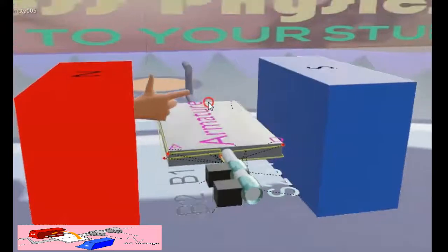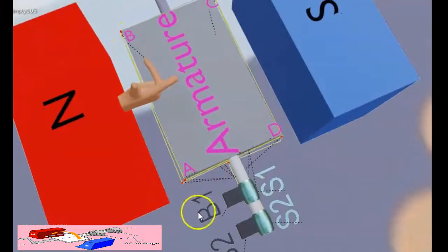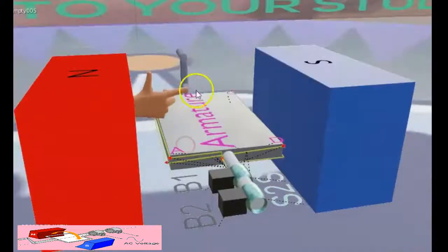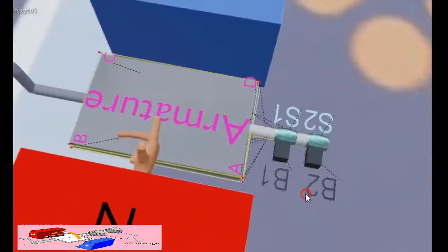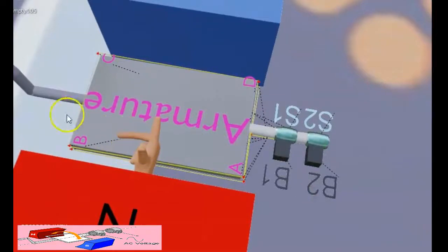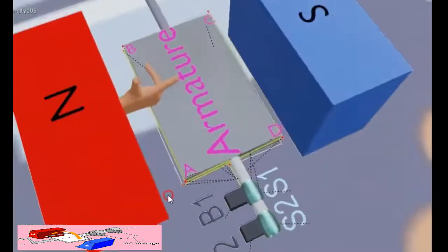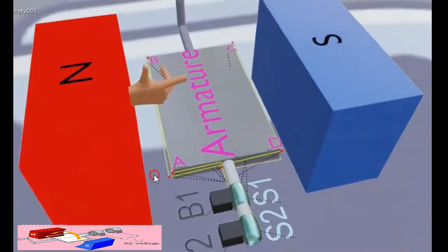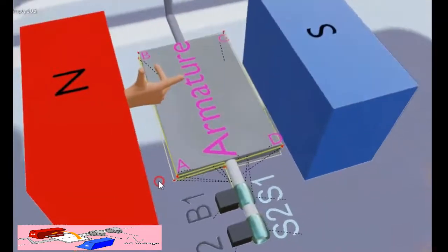Here you can see the thumb is in upward direction where the AB is moving. This index finger is pointing from north to south, which is the direction of magnetic field. Then this middle finger is pointing from A to B. What does it mean? The direction of induced current is from A to B. And we know that the direction of electron is always opposite to the direction of current.